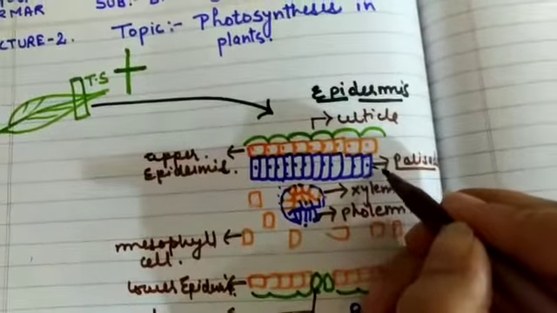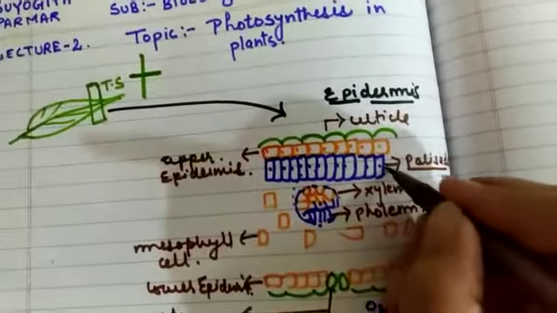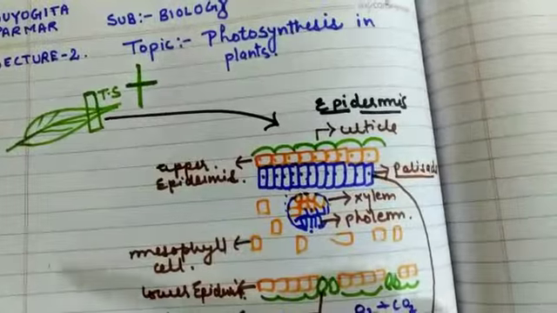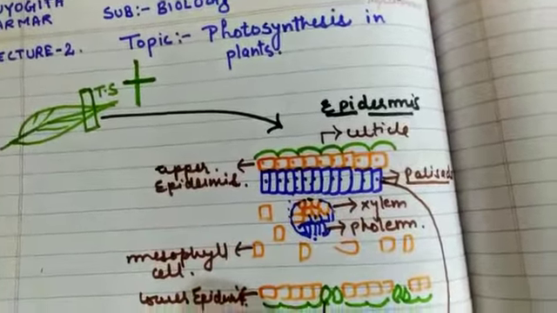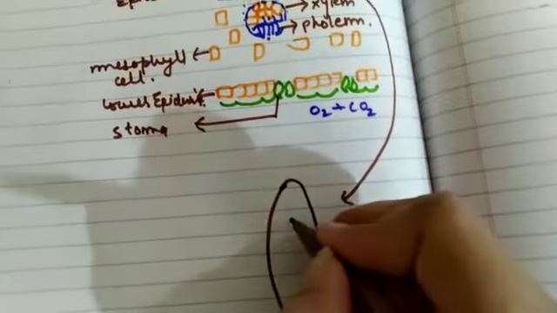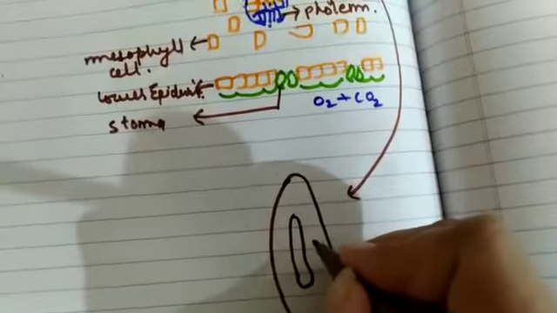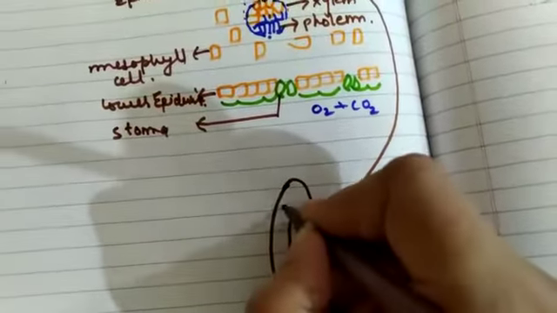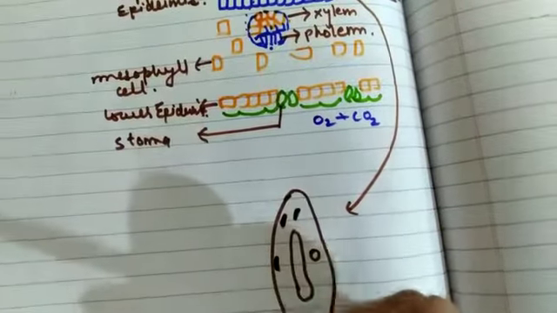Now, if we look at this palisade cell and elaborate it like this, this is a vacuole where food is stored, and here is a nucleus, and there are some structures like this.